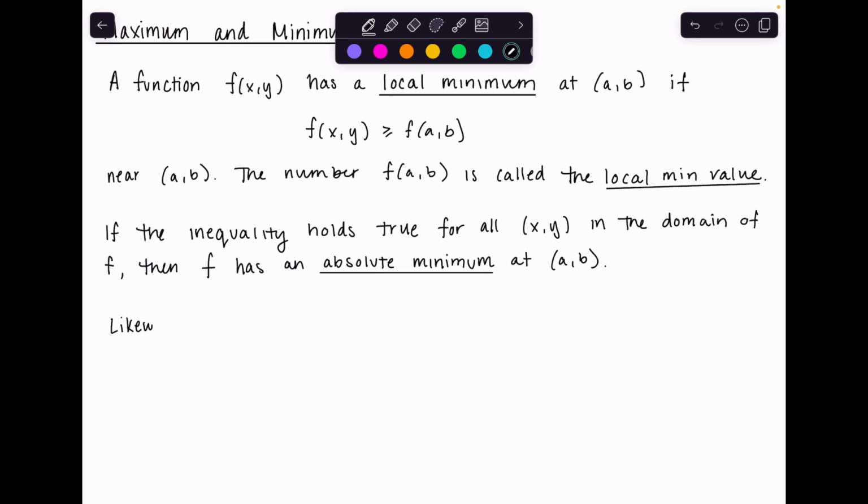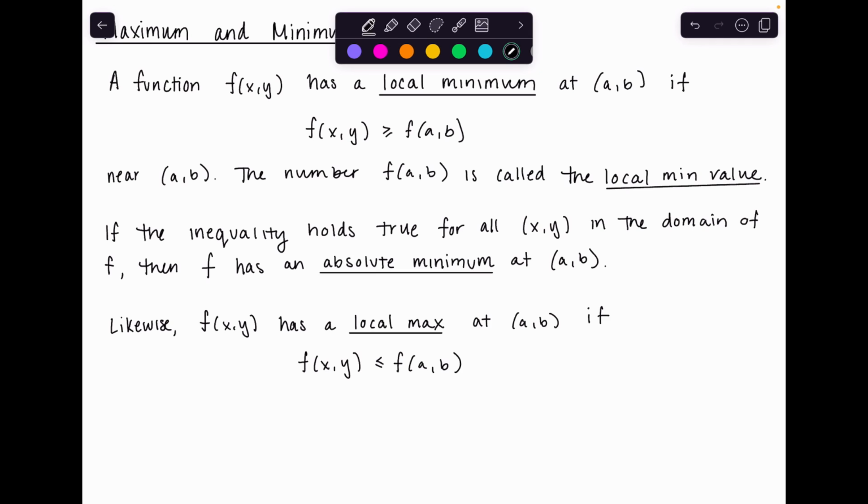Likewise, f of x, y has a local max at the point (a, b) if the output of our function is at most f of (a, b) nearby that point. And if it holds true for all x, y in the domain of your function, it is the absolute maximum.